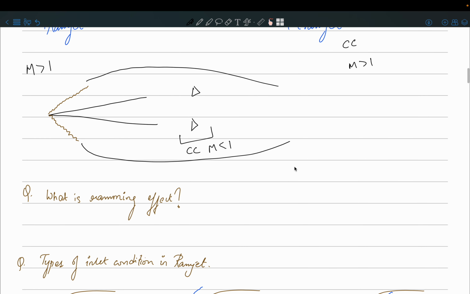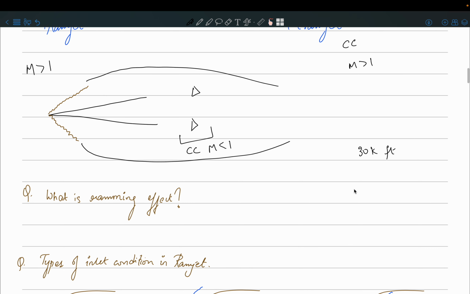Now, what happens is that, as I said, when an aerospace engineer designs a particular engine, they design it for certain conditions. For example, you can design a ramjet to operate at, say, 30,000 feet. At 30,000 feet, the pressure is going to be different.